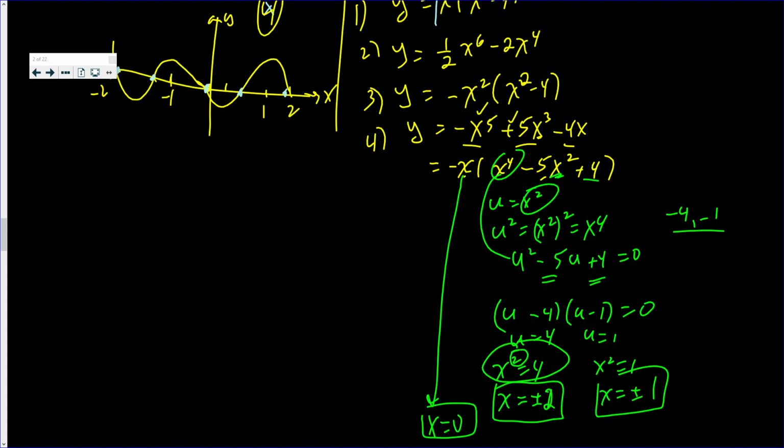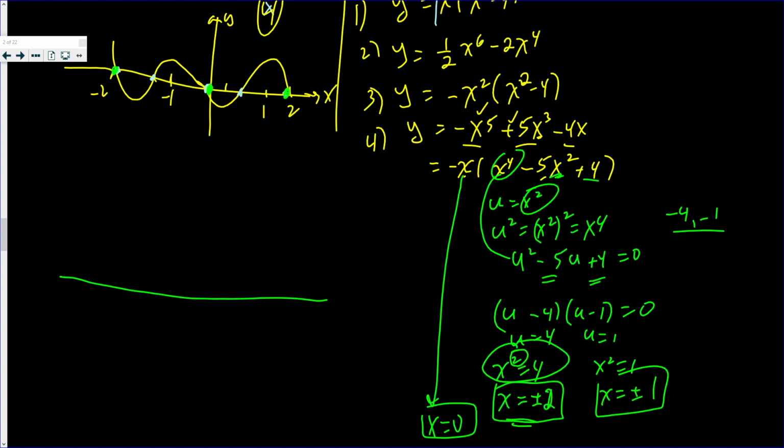When we factored it, they were all linear. That is, no second power. So we're going to cross at 0. We're going to cross at plus or minus 2, 2 and minus 2.